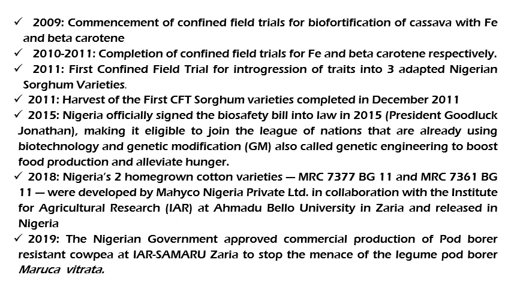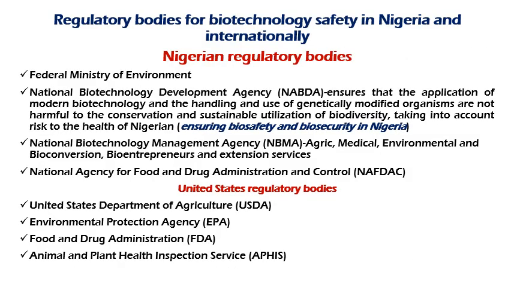By 2018, Nigeria produced 2 homegrown cotton varieties, which is giving farmers a lot of yield now. And by 2019, the pod borer resistant cowpea to resist the legume pod borer, Maruca vitrata, was completed. Now, other African countries, especially Ghana, are now running to Nigeria to find out how they can make use of this technology and enhance cowpea production in their country.